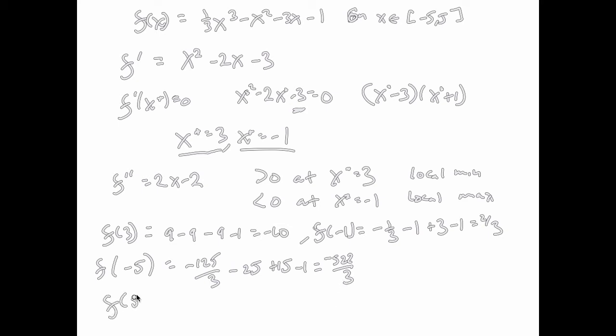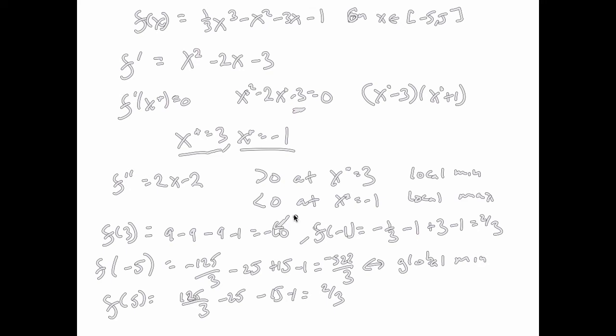And then f of 5 is going to equal 125 over 3 minus 25 minus 15 minus 1 equals 2/3. So, what do we have here? We have the global minimum is -5, because -522 over 3 is way smaller than -10. So this is the global minimum.